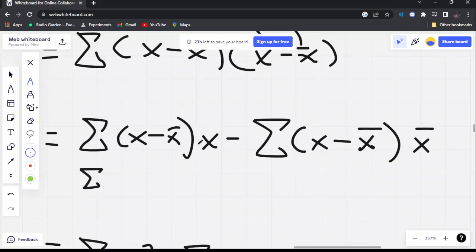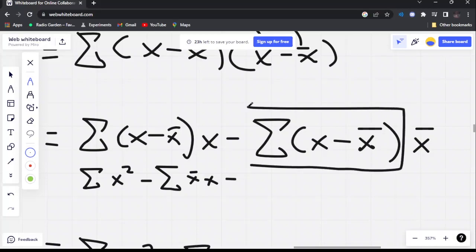So a summation of x squared minus summation of x bar times x. You notice again that this set of terms has one of the properties of the arithmetic mean, which is this term right here.